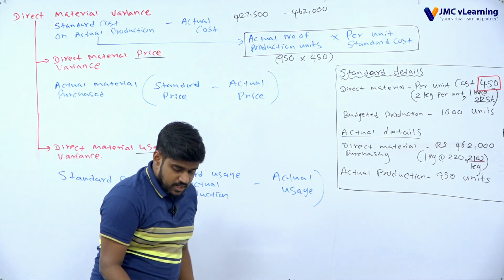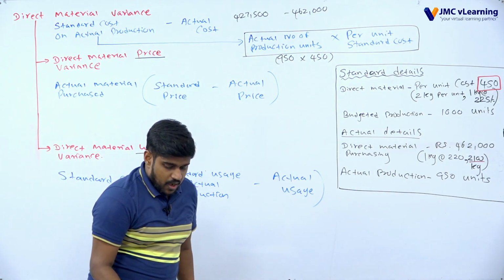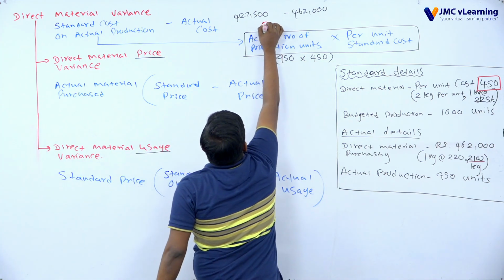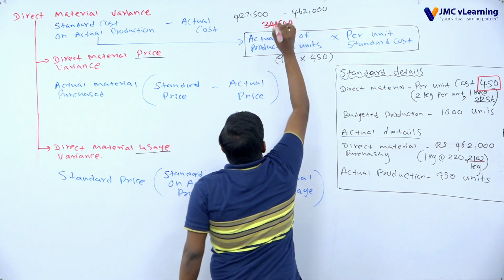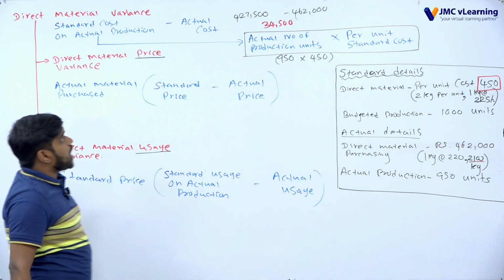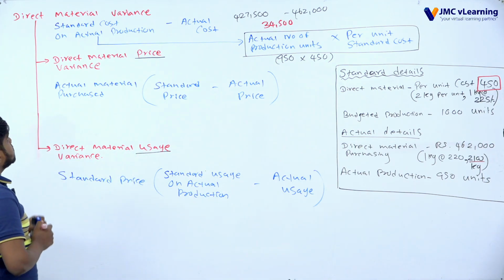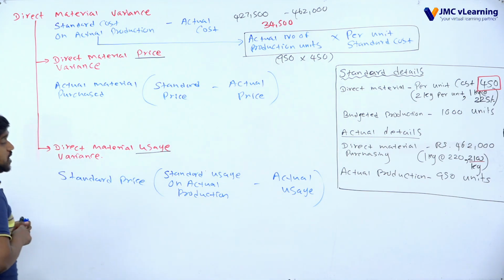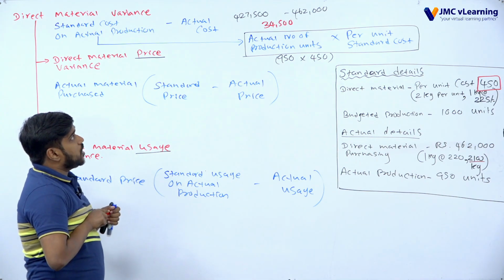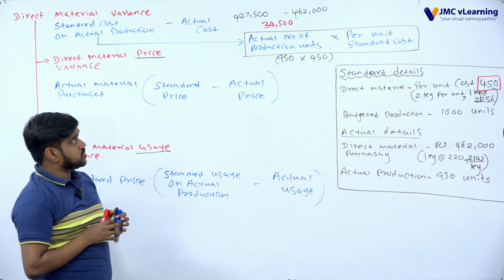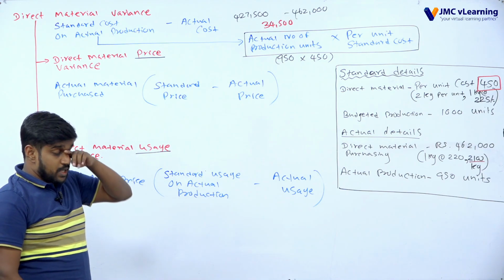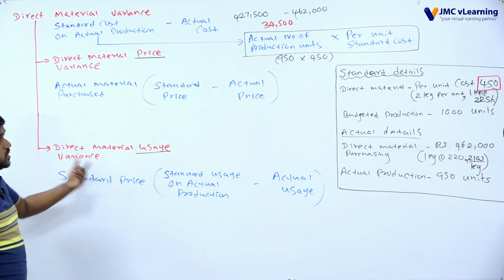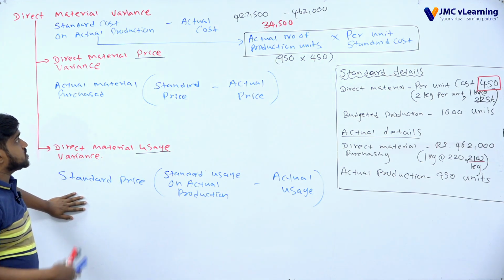462,000. Then we can get our variance as 34,500. Is it favorable or adverse? The standard cost, the cost that we hope to incur, is 427,500, but our actual cost is 462,000. That means the actual one is higher than our standard one.